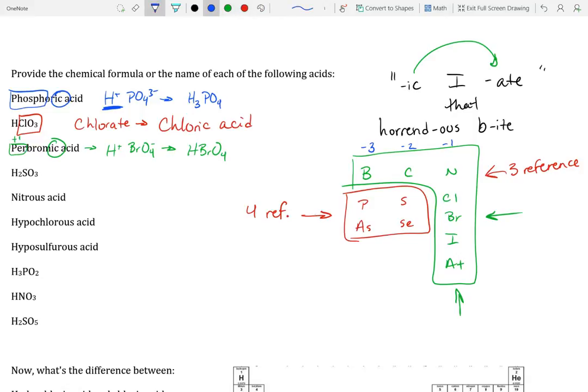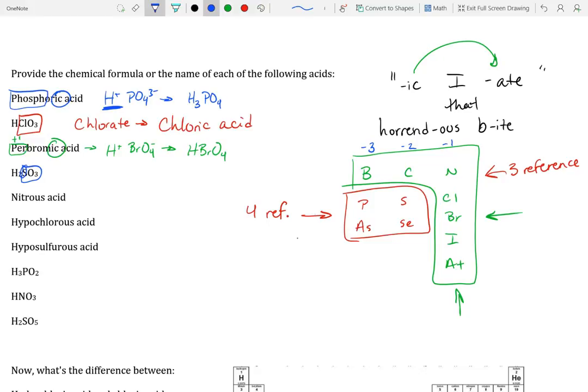Okay, so H2SO3. What is H2SO3? Let's look at SO3, because that's where the name comes from. Let's go look for sulfur here. Sulfur is located inside the box, right? We know that the box has 4 reference oxygens. Right here we have H2SO3, not 4, so we removed an oxygen.